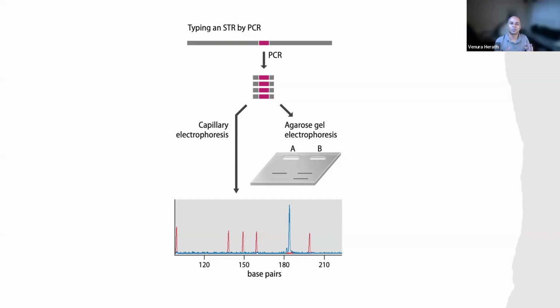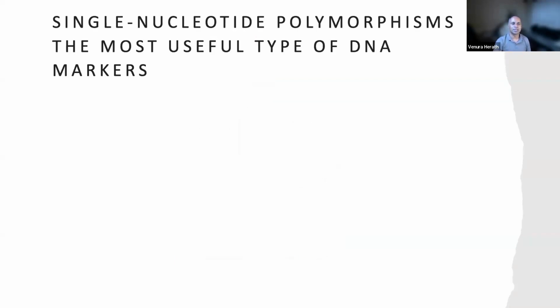Initially we talked about big genes, then biochemical parameters, and then short tandem repeats. Can we go even smaller? Of course we can. We can use single nucleotide polymorphisms, and nowadays we consider SNPs the most useful type of DNA markers you can find.